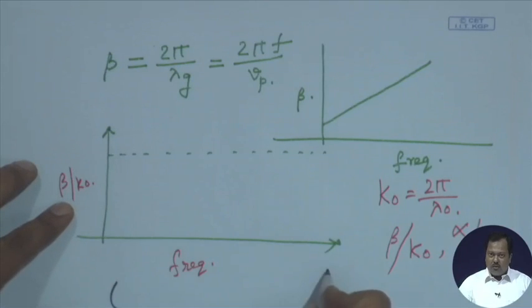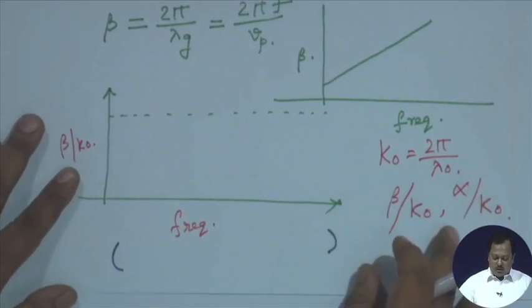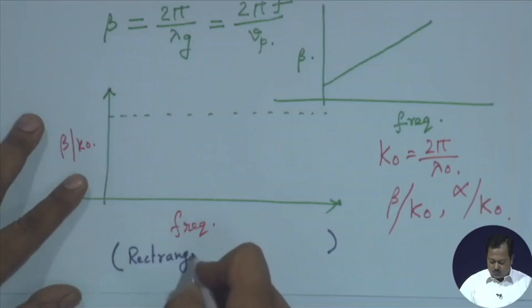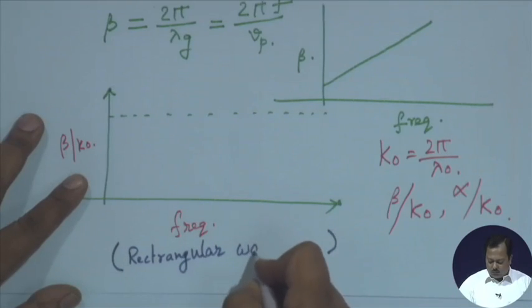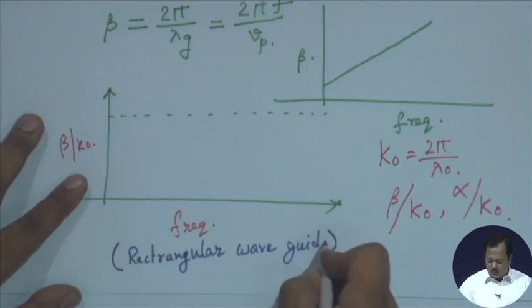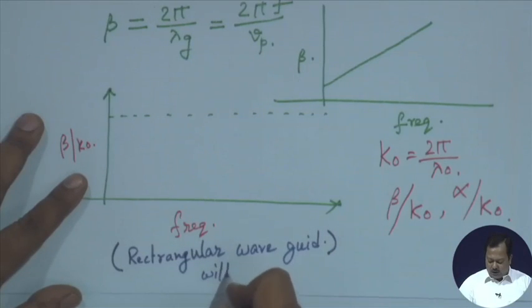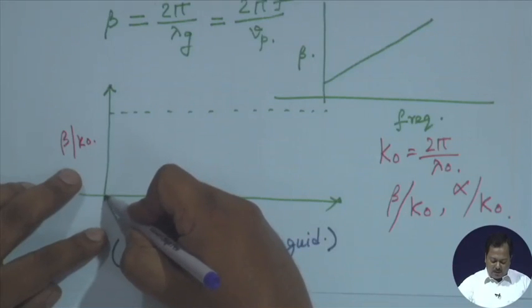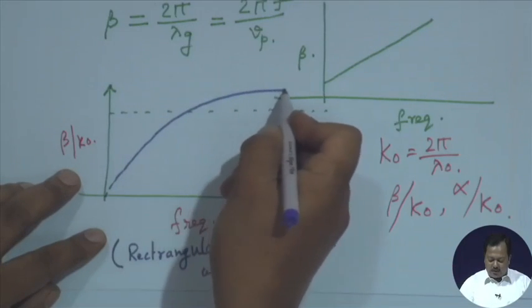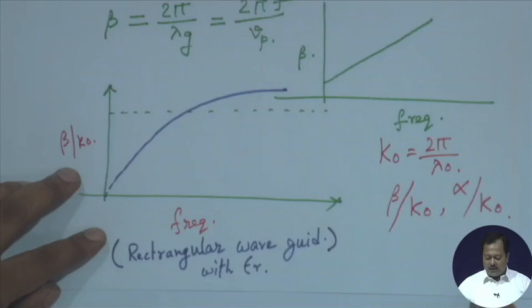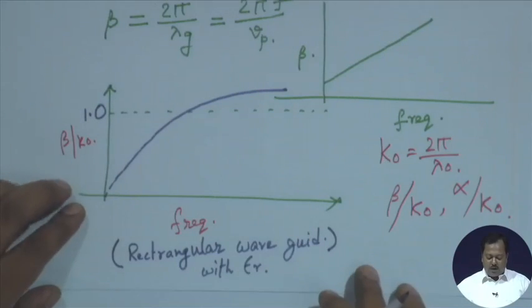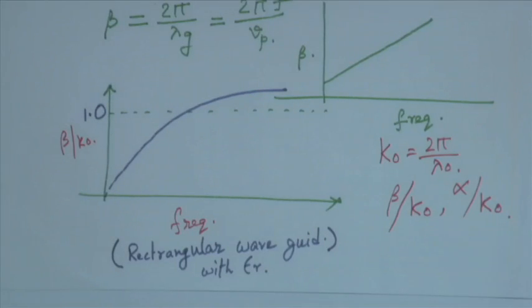So, I am considering one example, a rectangular waveguide filled with dielectric material of dielectric constant epsilon r. If I plot beta by k naught for this given material, the plot is somewhat like this. This dotted line shows the value where beta by k naught equals 1.0.